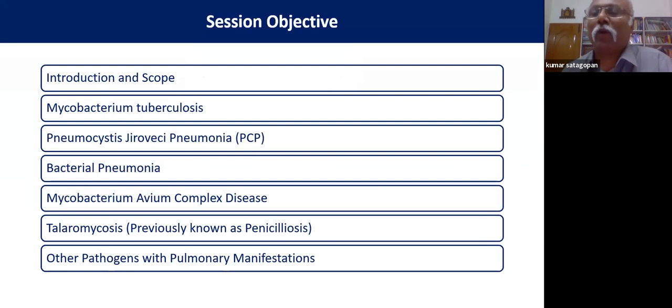Then the PCP, then bacterial pneumonia in this order. Then we have the MAC, when the CD4 comes down very low. And talaromycosis, previously known as Penicillium marneffei, a Northeast India fungal infection. Then the other pathogens with pulmonary manifestation. So this is the plan of our session.